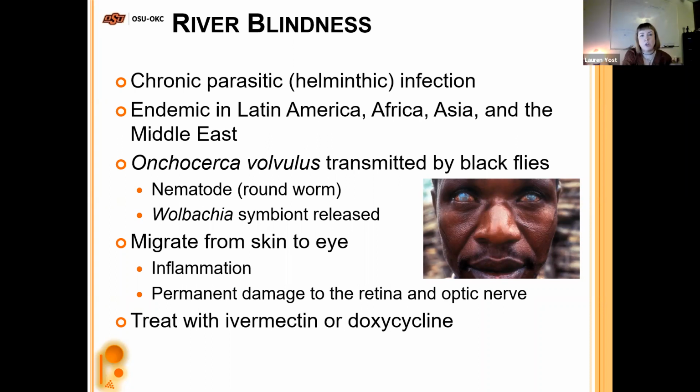This is caused by the helminth, the worm, Onchocerca volvulus. It's also called onchocerciasis, in case you are looking this up and are interested in any of these diseases, or if you choose this for your presentations. It is a nematode, and it carries a bacterium within it called Wolbachia.